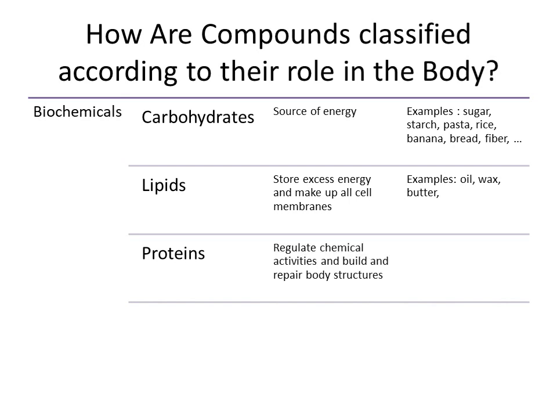Proteins. Proteins regulate chemical activities in the body. All activities that happen within your body, proteins are responsible for it. And they build and repair body structures. In case you have any sickness or anything broken in the body, the proteins are responsible for repairing it and building it back.